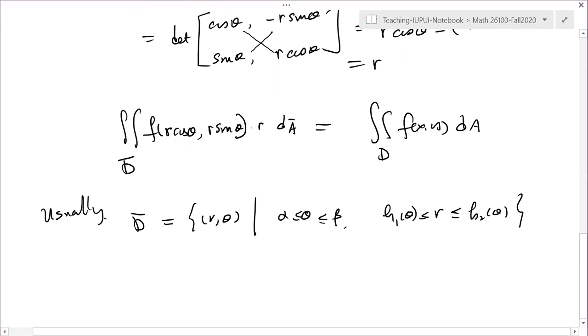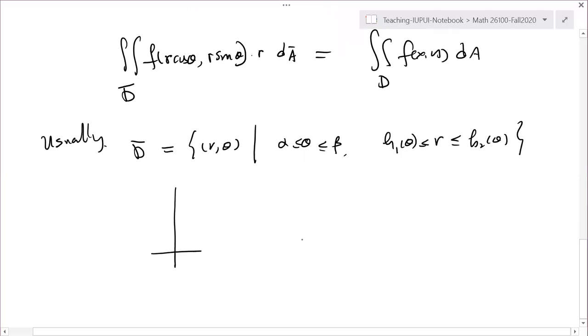What does that mean? Here's r and here's theta, so r is between these two curves. This is alpha, that's beta. This is the kind of domain you usually get.